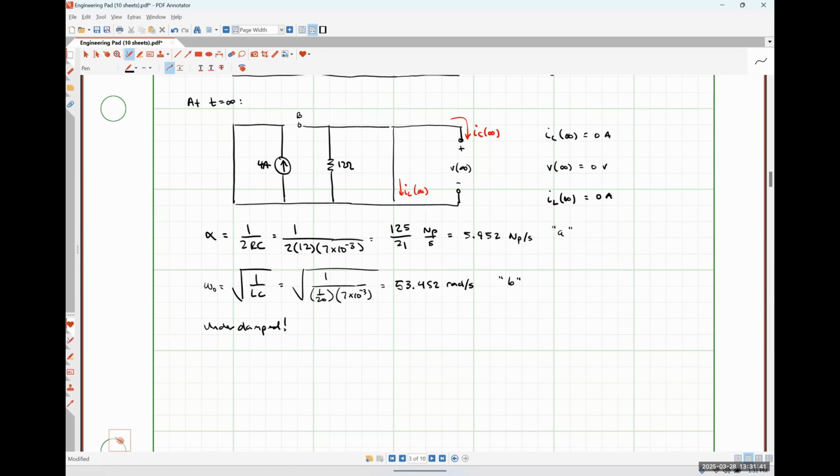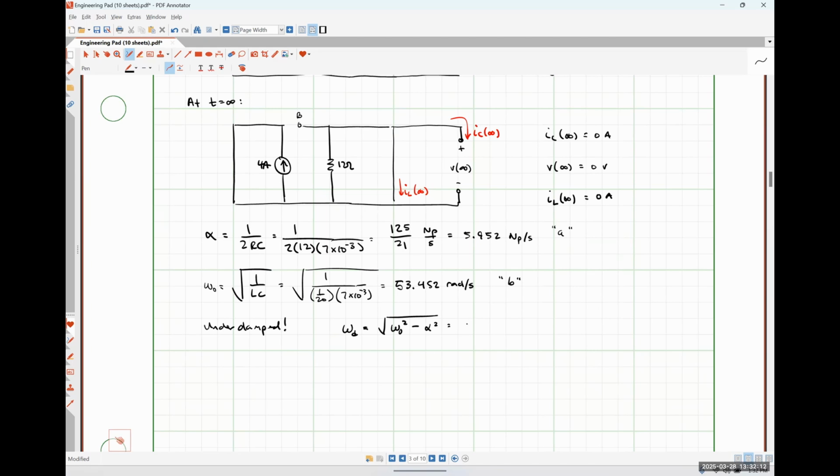So just for the hell of it, while I'm doing it, I'm going to calculate omega d, where omega d is the square root of omega naught squared minus alpha squared. So square root of what I have in my calculator as B squared minus what I have as A squared.